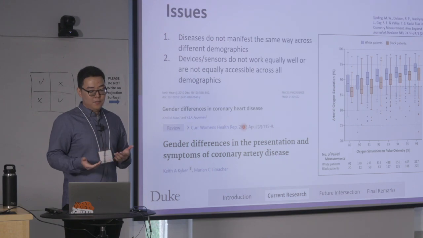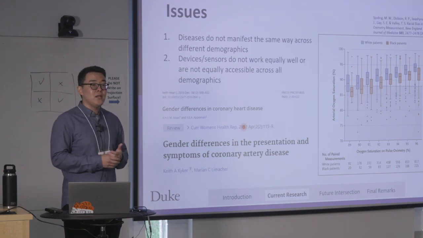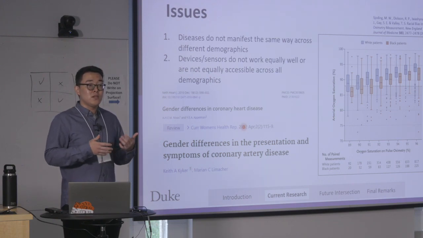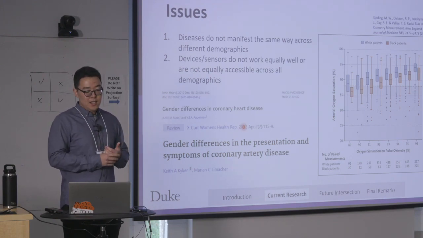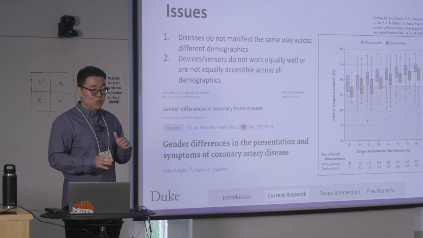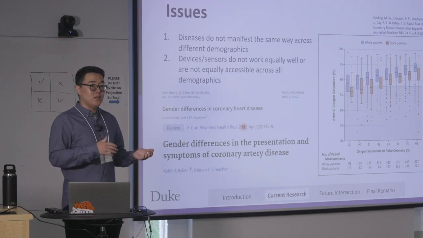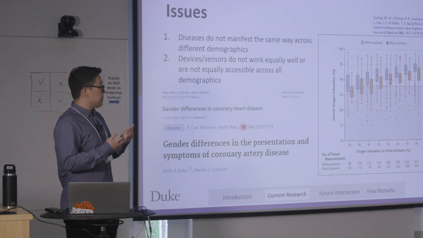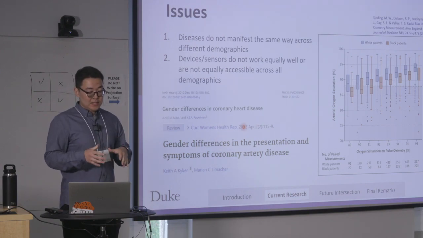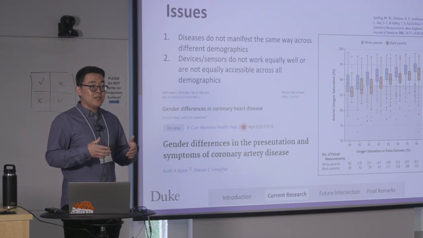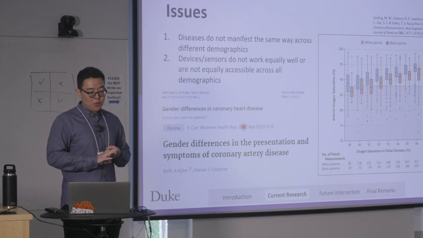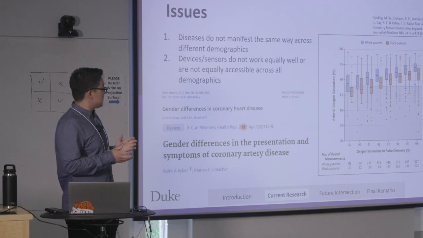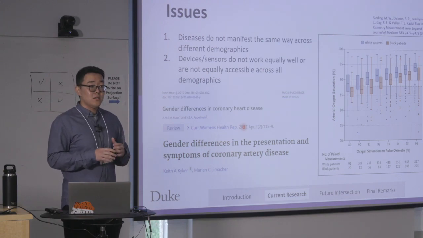Women have different risk factors associated with coronary heart disease that weren't known until fairly recently, because the initial research studies were conducted on older white men. So we need to make sure we understand how diseases progress for different demographics. The second point is that devices and sensors don't necessarily work equally well across all different demographics.